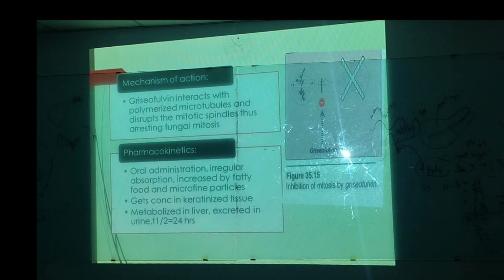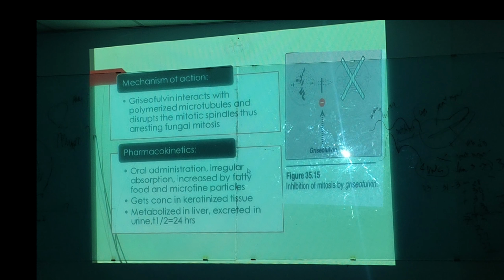Mechanism of action, remember, it inhibits mitosis. So there will be no cell division. Griseofulvin interacts with polymerized microtubules and disrupts the mitotic spindles, thus arresting fungal mitosis. Kinetics: orally administered, but the absorption is irregular.